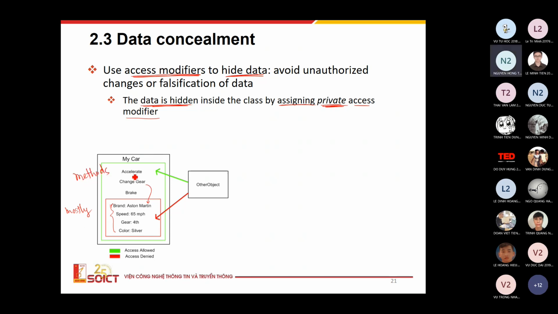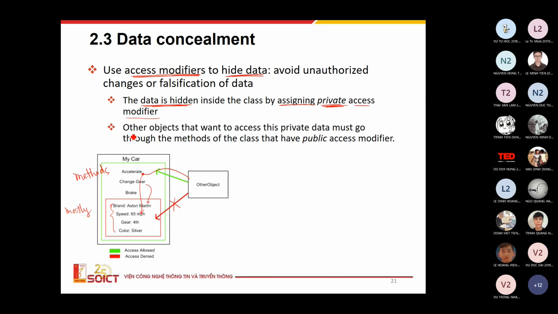You will use the public method to access the private attribute. Okay, so from another object, if you want to know about the attribute of this object, you cannot go directly. You have to go through some public method here, and this method will give you access to the attribute, for example.